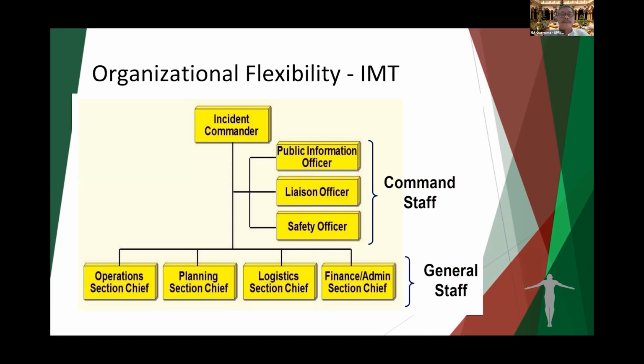Now, looking at the incident command system, these chiefs or the people who are involved in these different boxes compose the incident management team. So it starts with the incident commander, and the incident commander has what we refer to as a command staff, consisting of the public information officer or the spokesperson, the liaison officer, and the security officer.